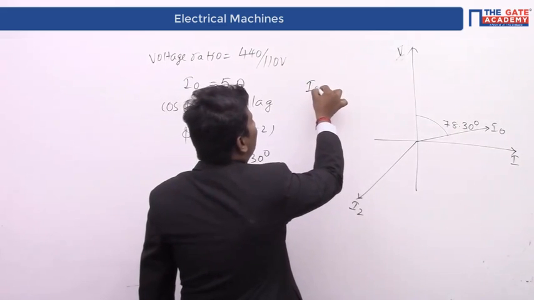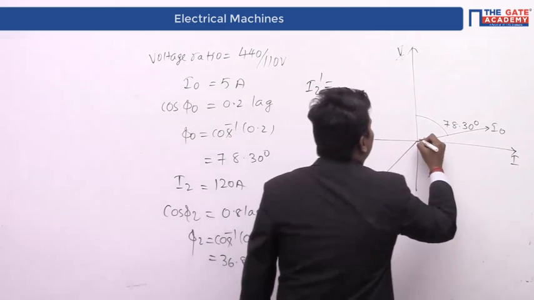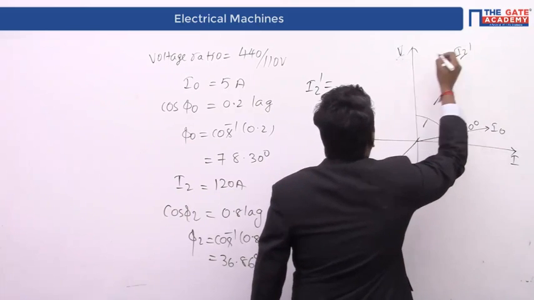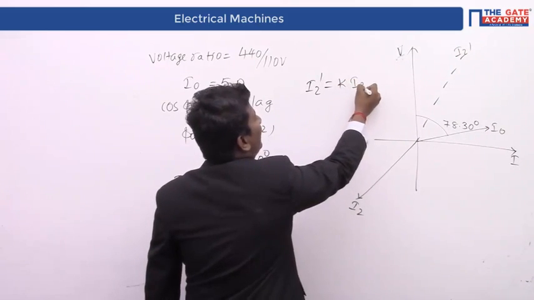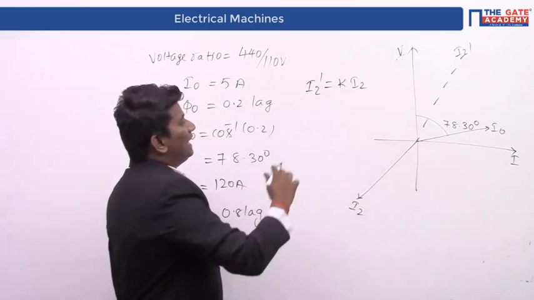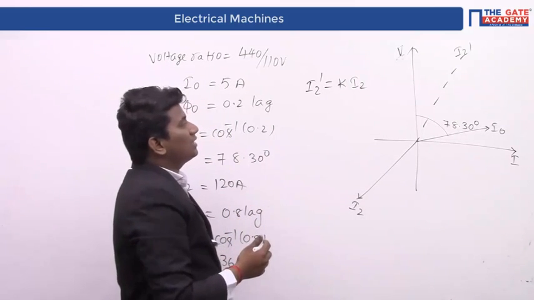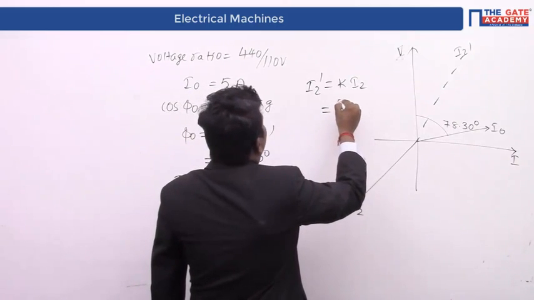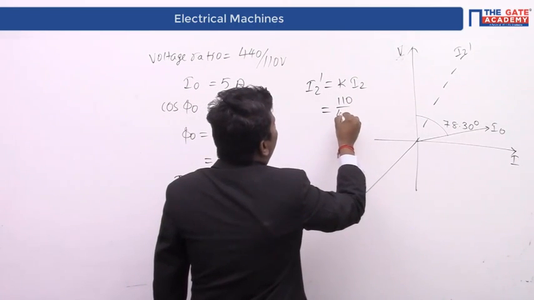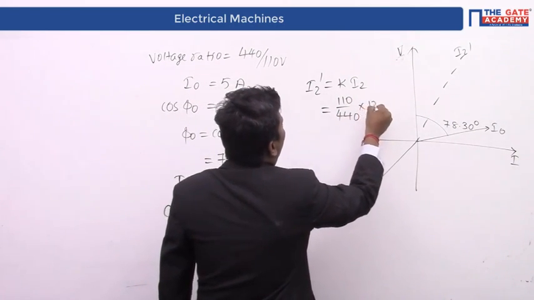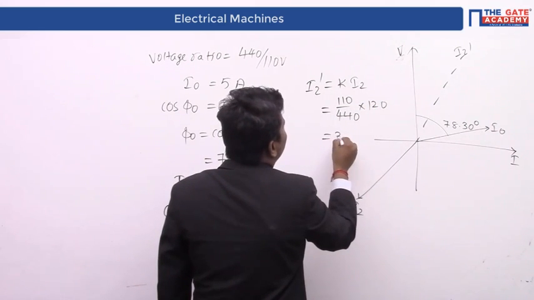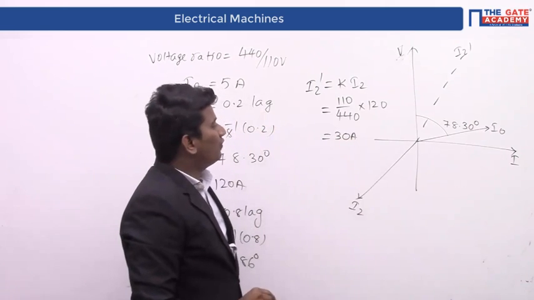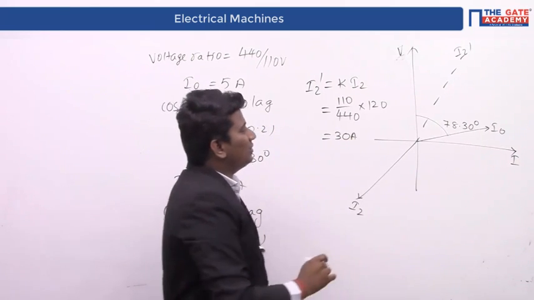So we know that I2 dash, secondary side current referred to primary, is K times of I2. Therefore what is your K? 110 by 440 into 120. Therefore this value is equal to 30 amperes. So we got this is 30 amperes.